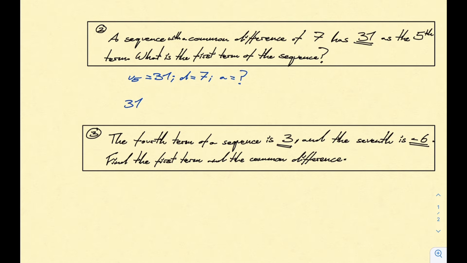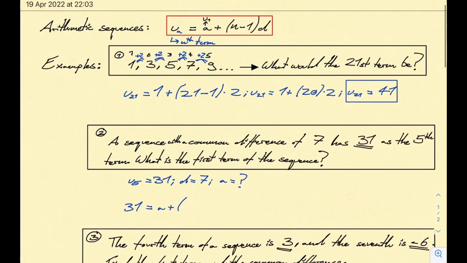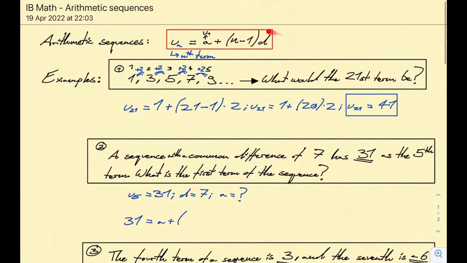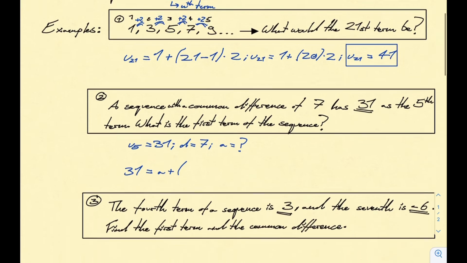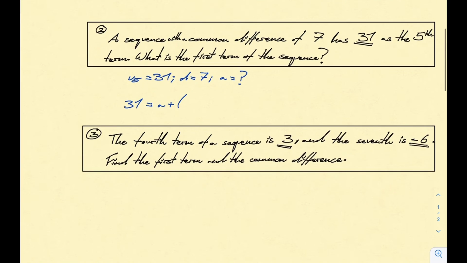So 31 will be equal to a plus n minus 1. Again, it's simply substituting values from this equation. So a plus n minus 1. Now we know that n is going to be equal to 5, because that's what we know.